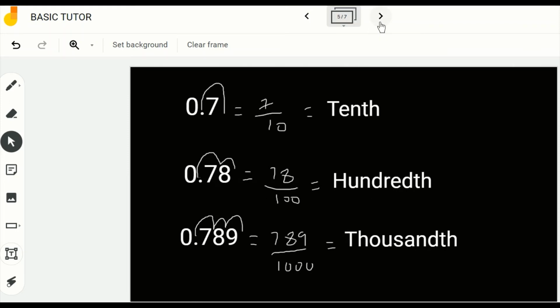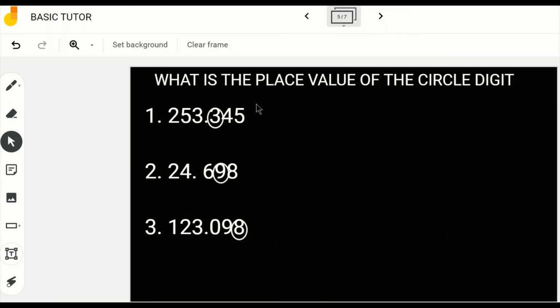Let's look at an example. Here we're asked to find the place value of the second digit. Question 1, 253.345. So what is the place value for 3 in this system? I will move my decimal point to the right side of the second digit. So that's just 1.